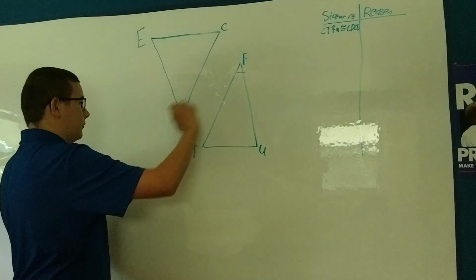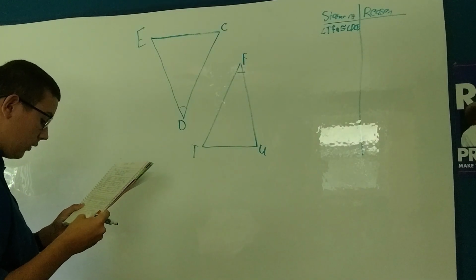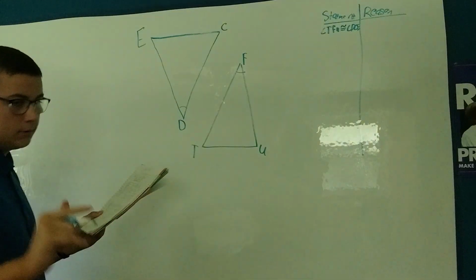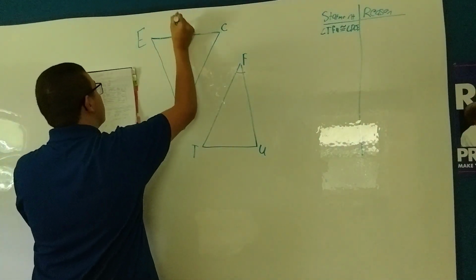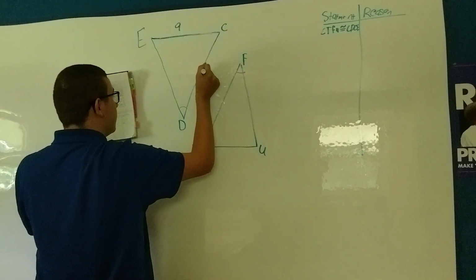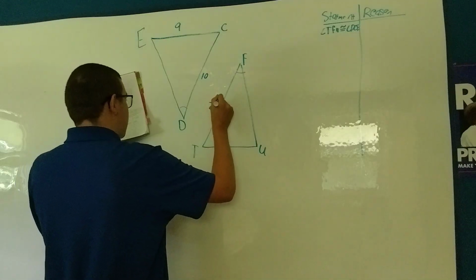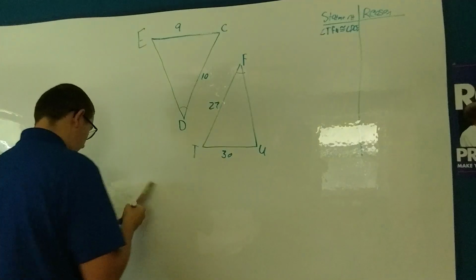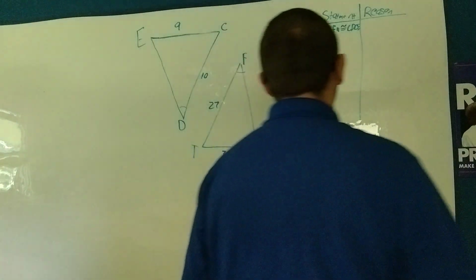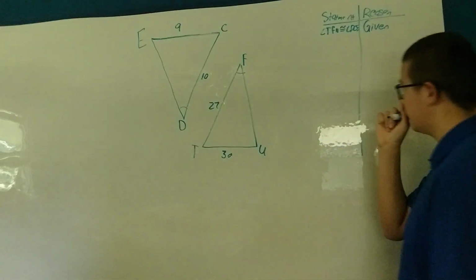So those two angles are congruent. We're also told here that this is 9 units and this is 10 units. And this is 27 units and this is 30 units. And I'll write given here. Like that.